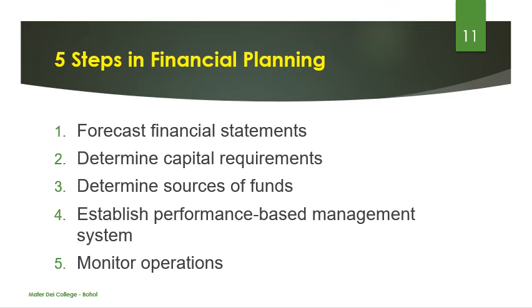First, we have to forecast the financial statements, determine the capital requirements, determine the sources of funds, establish a performance-based management system in order to reward performance and encourage management and its employees to be more productive and meet the company's objectives. And of course, we have the monitoring of the operations.